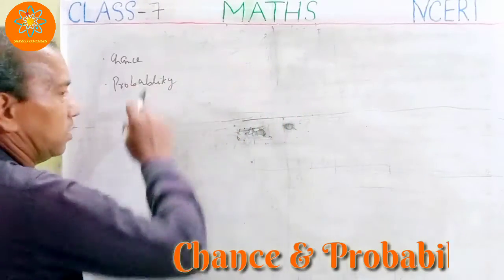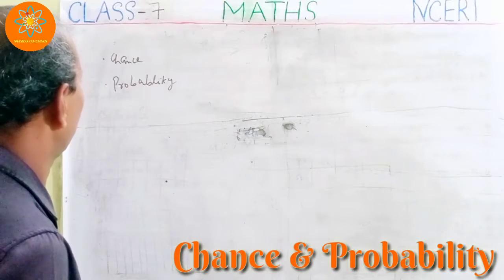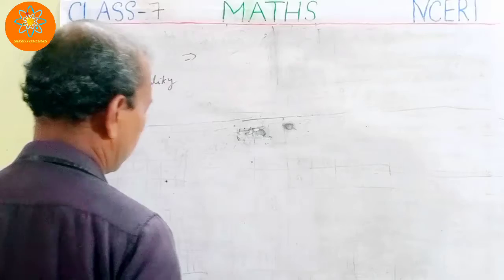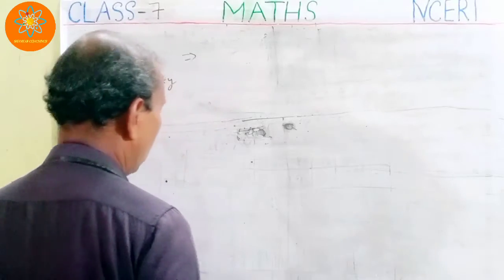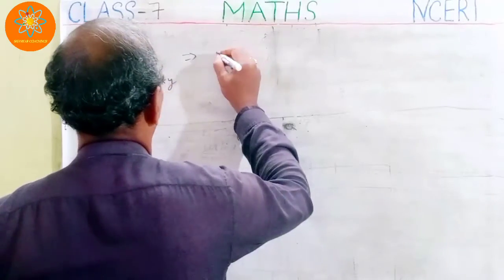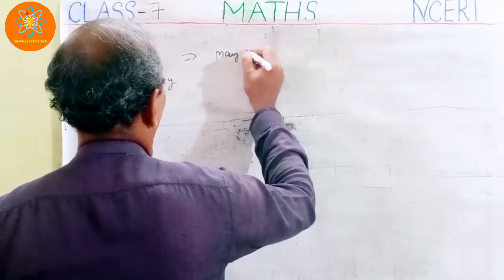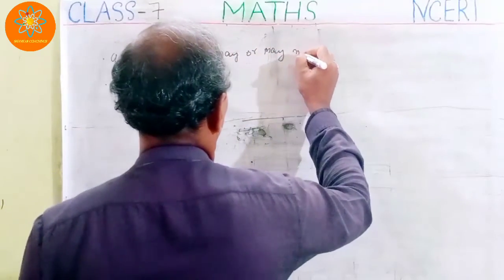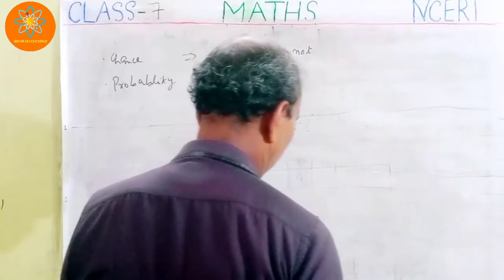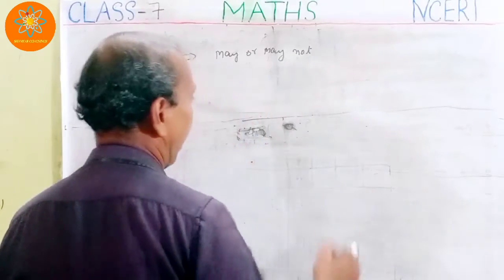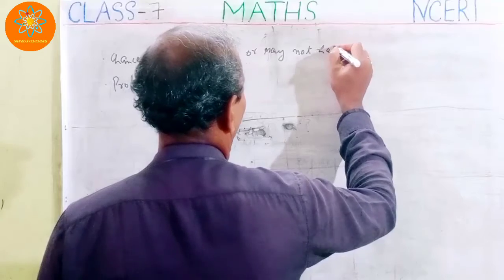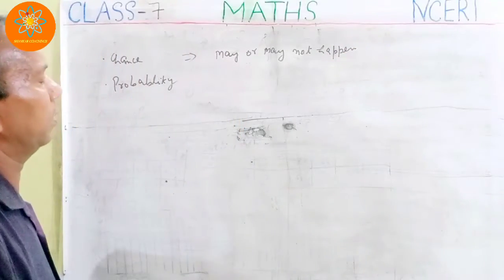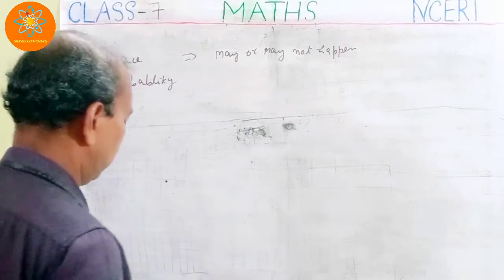Now we'll discuss chance and probability. What is chance? The meaning of chance is may or may not happen.